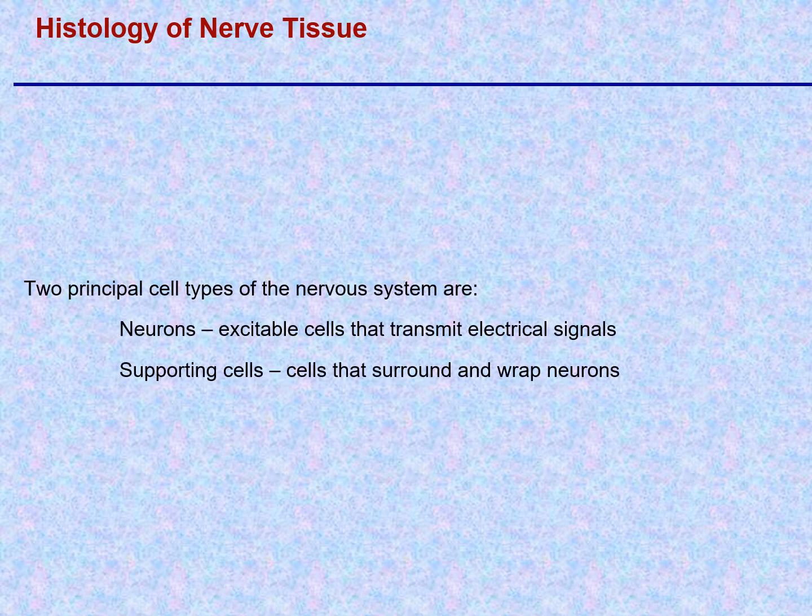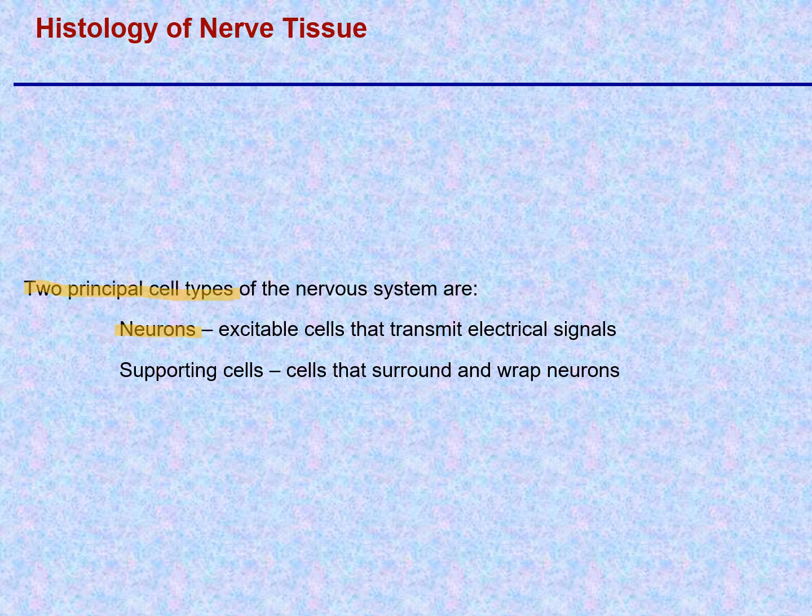Now, let's talk about some of the cells that you can find in the nervous system. So this is histology of nerve tissue. There's not just nerve cells, neurons are nerve cells, but there are also many supporting cells. So there are two principal types of cells in the nervous system. The neurons, which are excitable cells that can transmit impulses, electrical signals, and there are supporting cells.